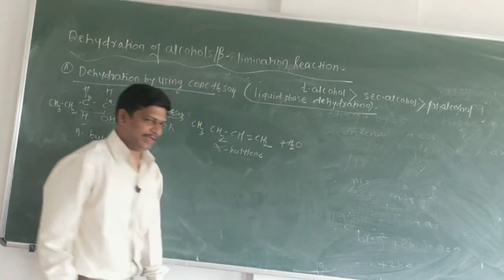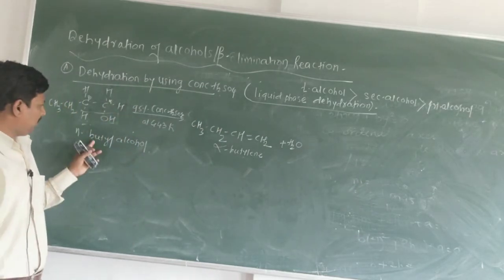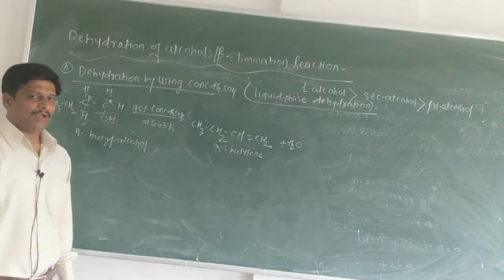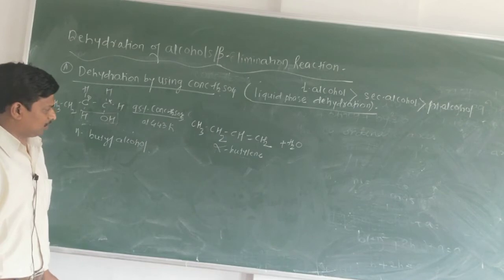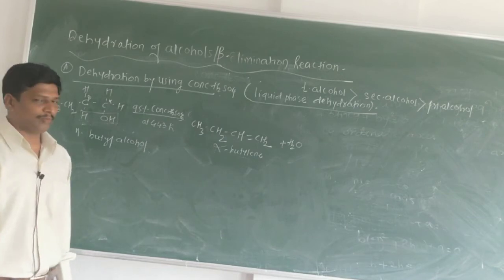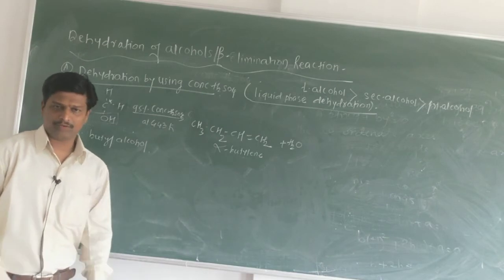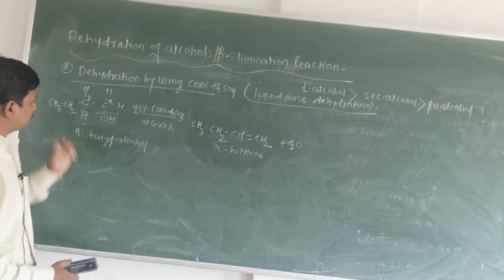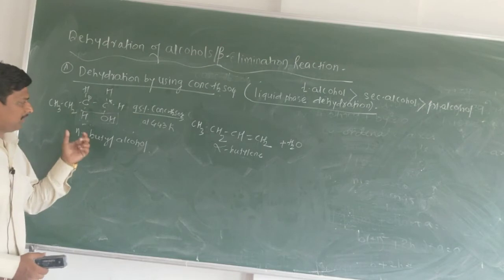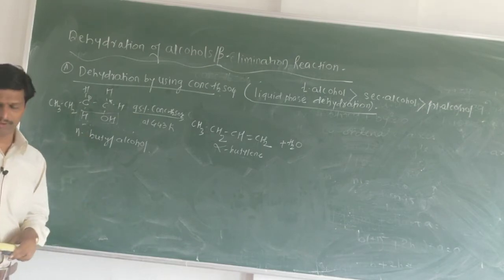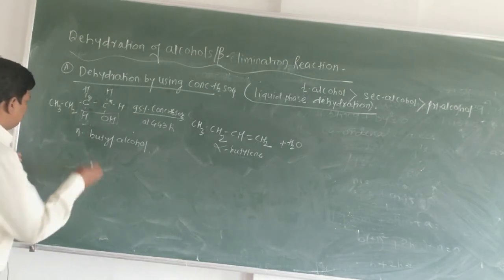So the reaction is like this: when N-butyl alcohol reacts with 95% concentrated H2SO4 at 443 Kelvin temperature, it forms alpha butylene. Okay, so these are the reactions of the primary alcohols.